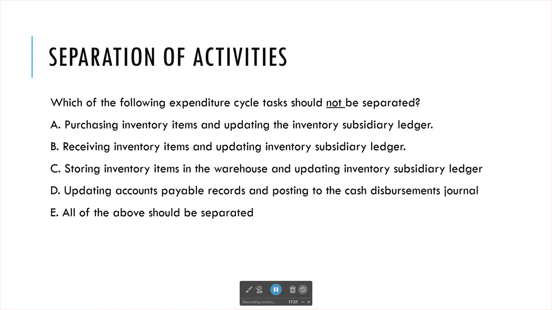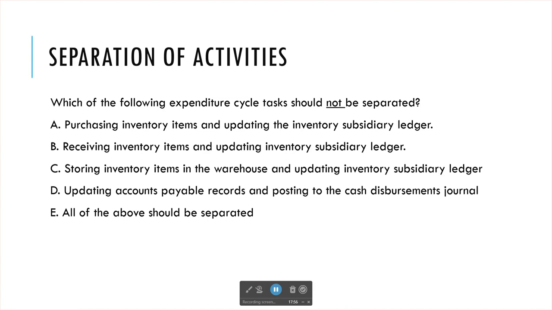Which of the following expenditure cycle tasks should not be separated? And this is where I'm going to tell you that all of these items should be separated, and I'm going to discuss those. Purchasing inventory items, that is an authorization. Updating the inventory subsidiary ledger, that's record keeping.